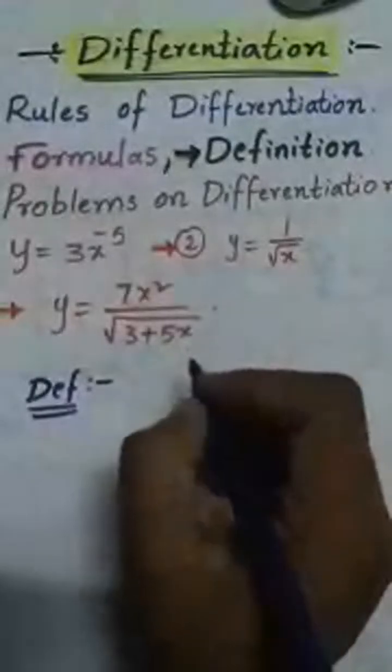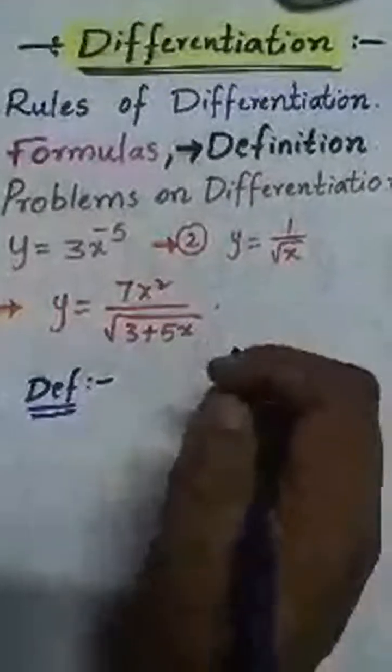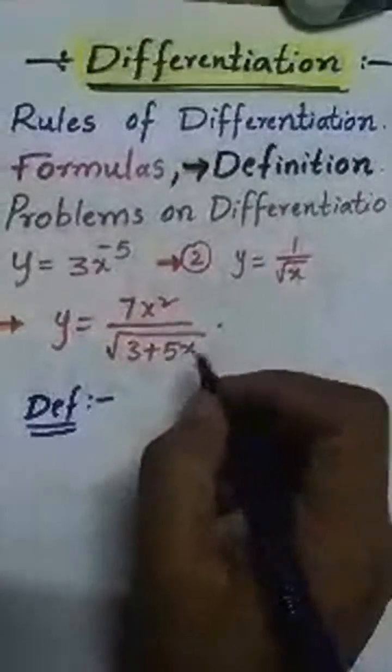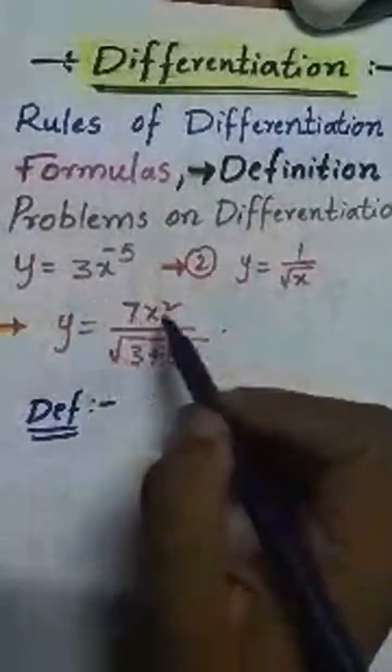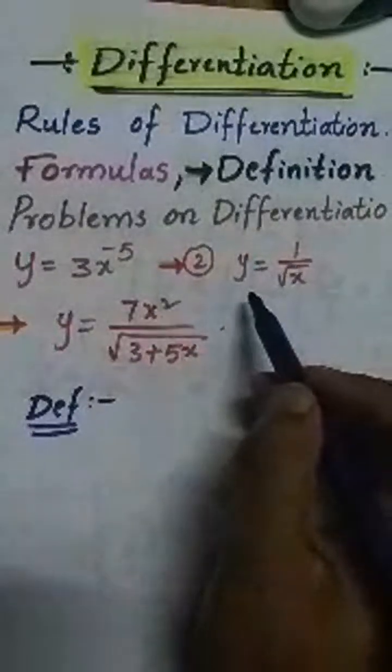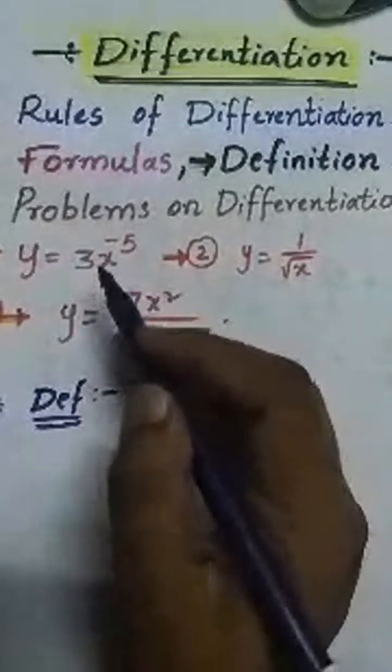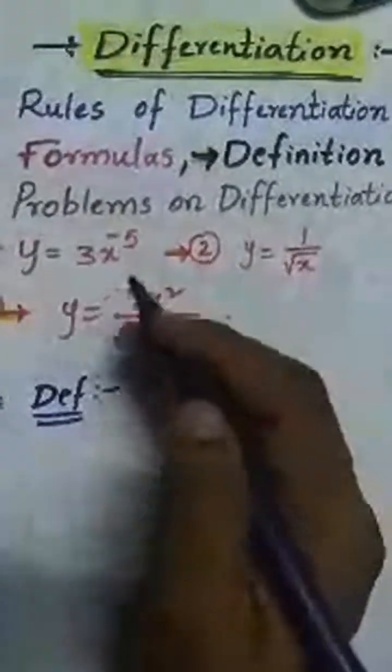Okay, what is differentiation? First of all, differentiation is a method used to compute the rate of change of function f of x. We are going to differentiate with respect to x. So this is the function f of x, and we are going to change the function.